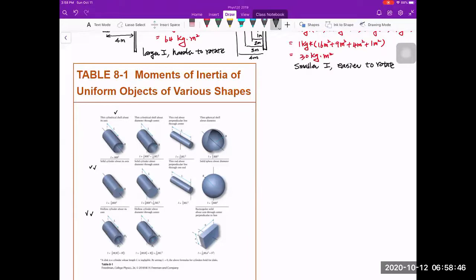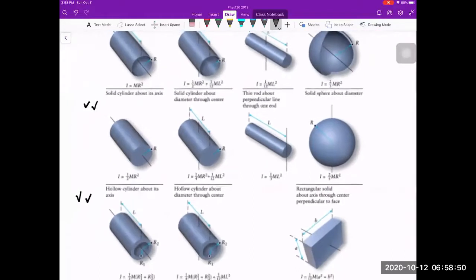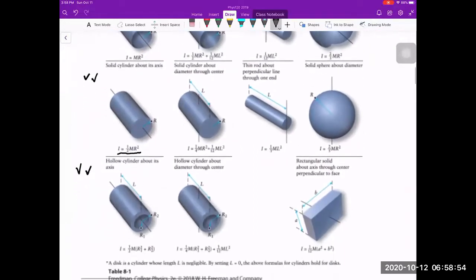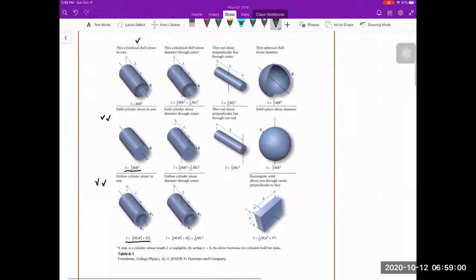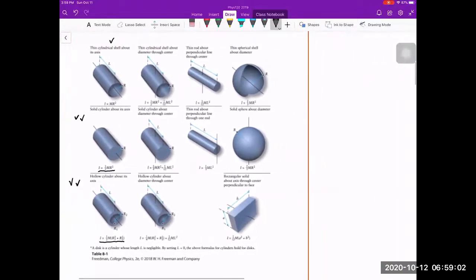And you will also see the equations, one is this equation, and the other one is this equation. So for different shapes, without deriving how this came out, you simply use the equation to find the moment of inertia for the particular shape.